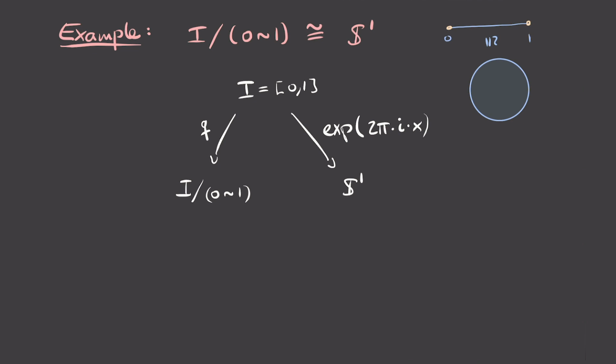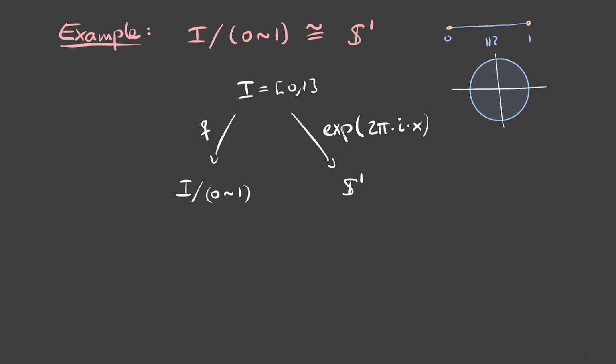If you consider what identifications Q makes here, it just identifies the endpoints 0 and 1. Now let's consider the exponential map and think about what points this identifies. We're thinking of the circle as a subset of the complex plane, and then this argument, 2 pi x, is exactly going to be the angle we're considering.